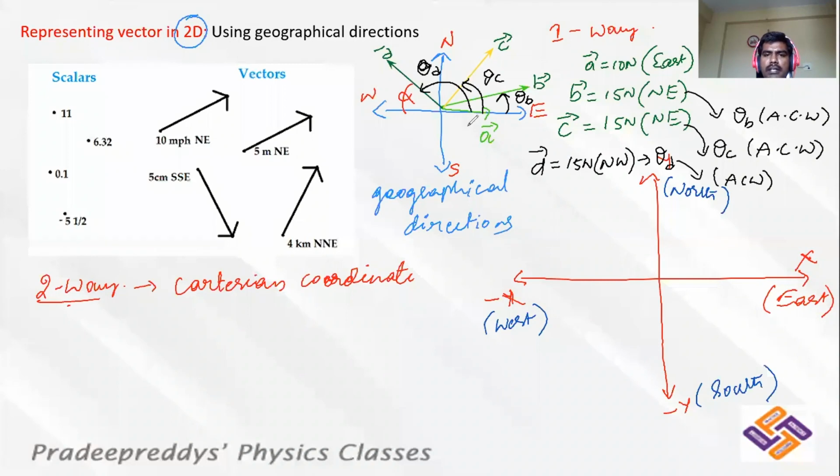So as geographical directions are 4, we can represent those geographical directions north, east, west, south in this 4 coordinate axis. So this is first quadrant, second quadrant, third quadrant, and fourth quadrant. So if it is in northeast, you will get vector in the first quadrant. If it is in southwest, you will get vector in the second quadrant, vice versa, third quadrant, and as well as fourth quadrant.